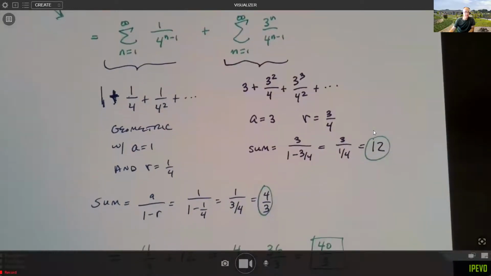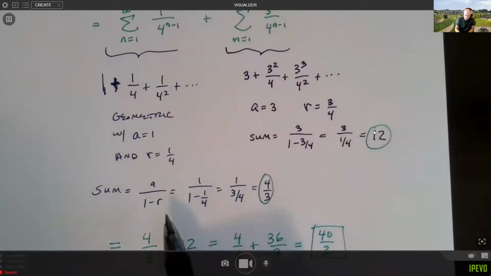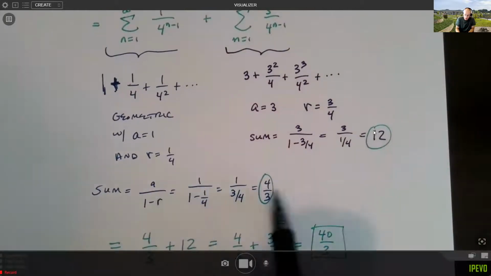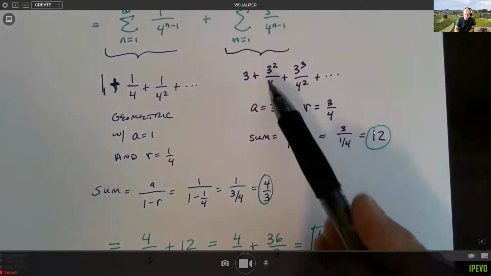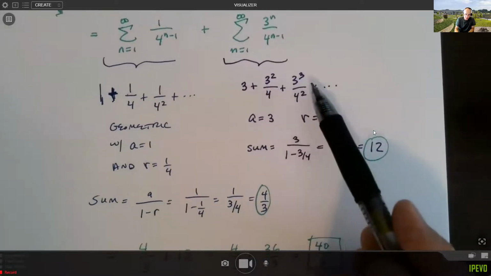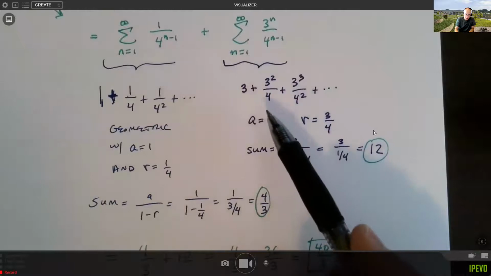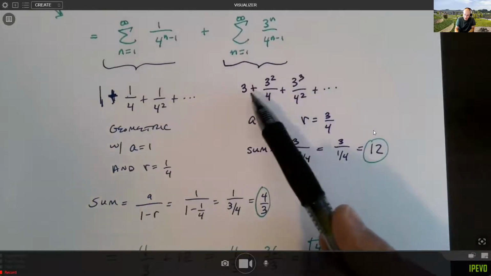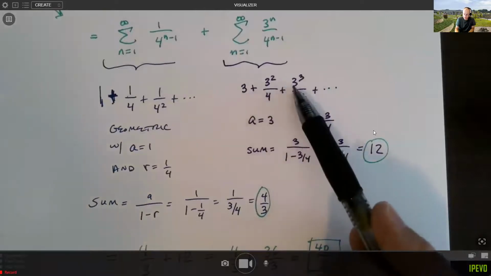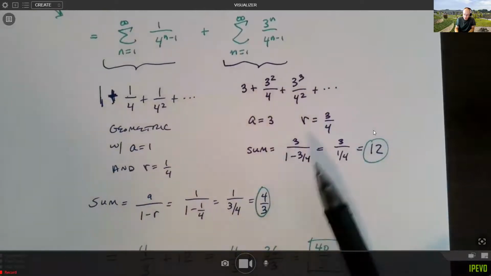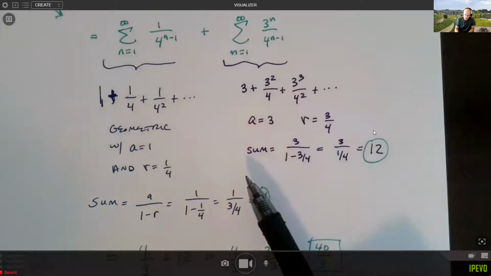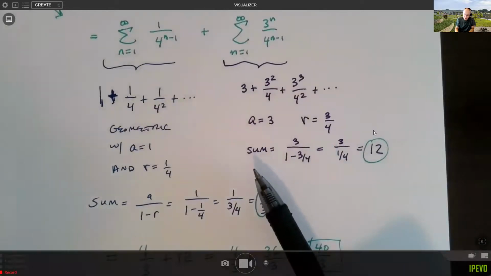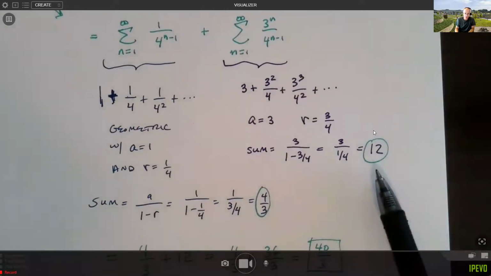The sum is A divided by 1 minus R. So A is 1, R is 1/4, which gives me 4/3. Over here, very similar. I list the first three terms in this series. The first term is 3. The value of R is the same every time: 3/4, which is again less than 1 in absolute value. Therefore, this is a convergent geometric series. The sum is going to be 12 after I work that out.